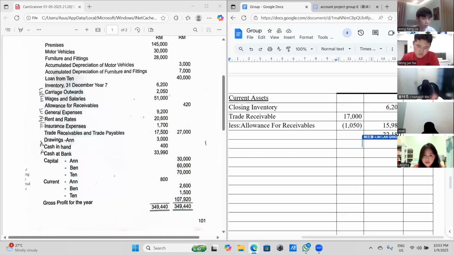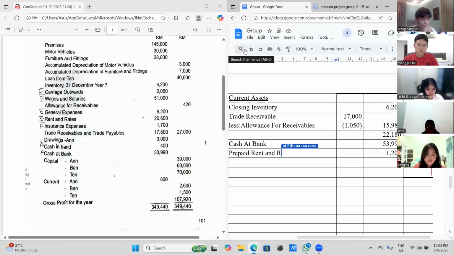So next we will add the cash at bank. The cash at bank will be 53,990. And then next one will be prepaid insurance. Oh, sorry, prepaid rent and rates. I'm sorry.